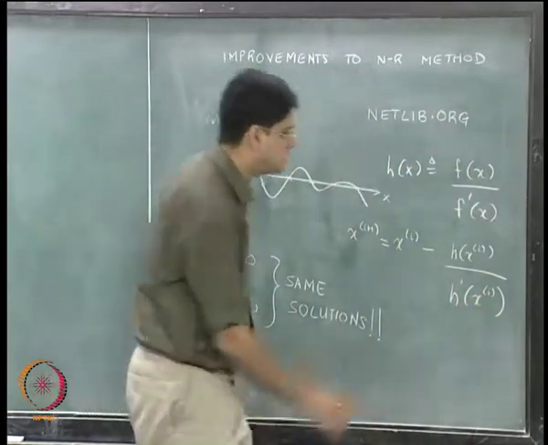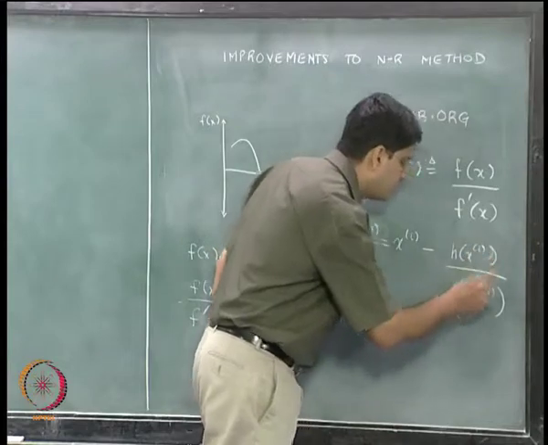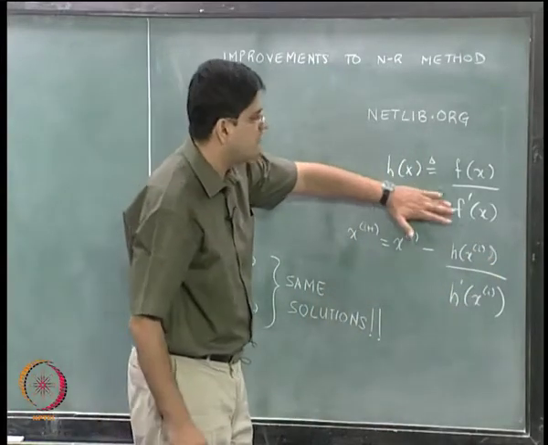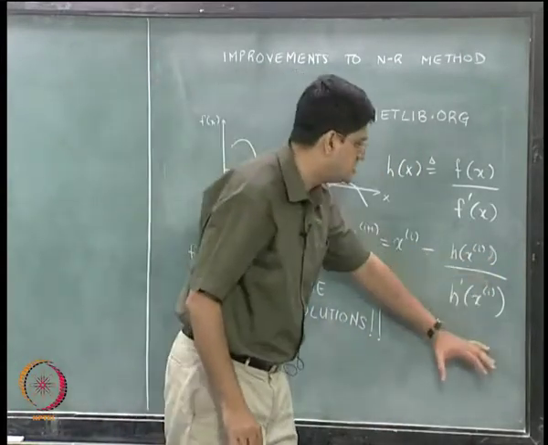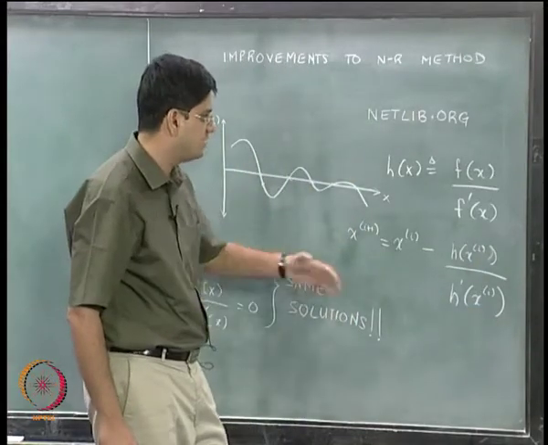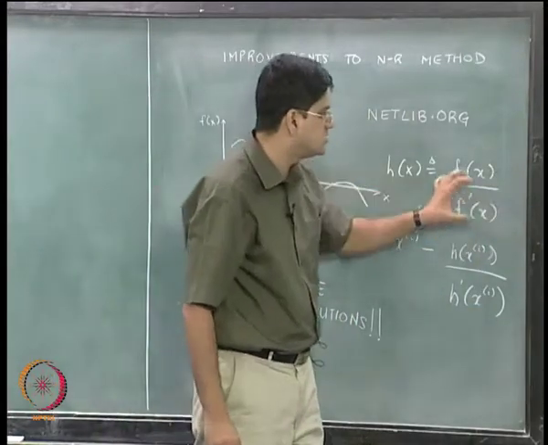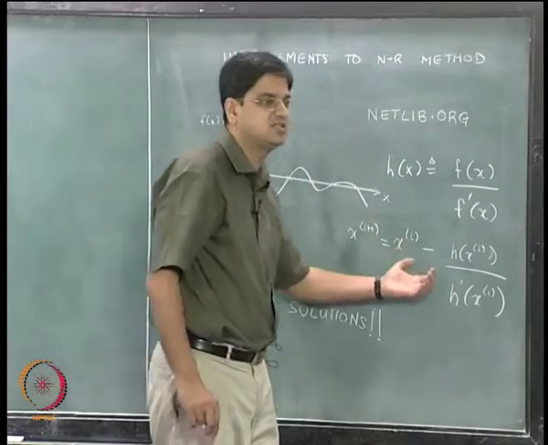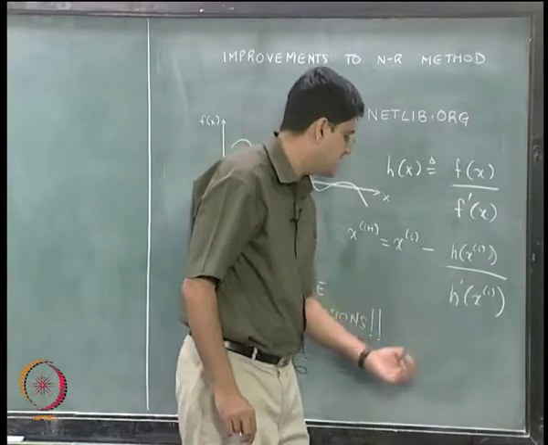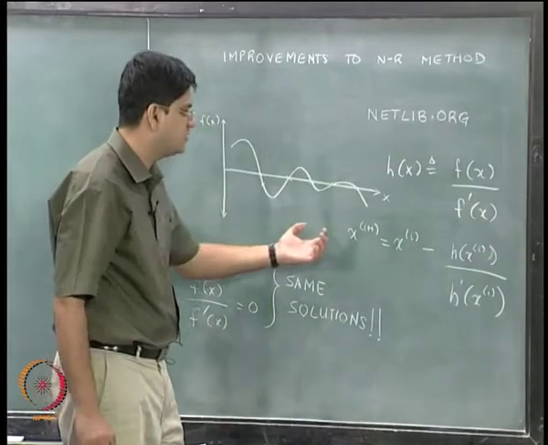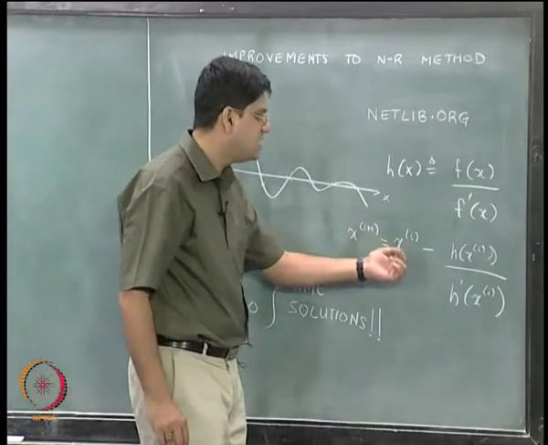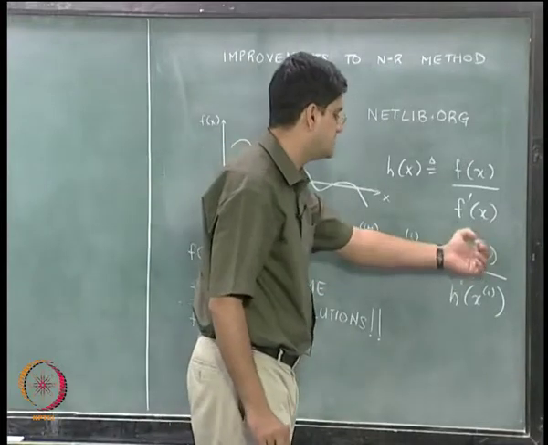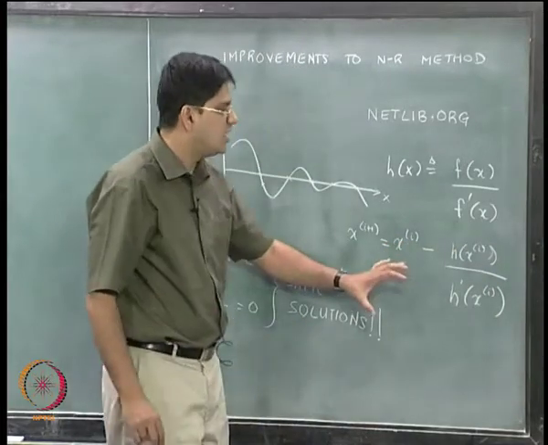For the function h of x, this will have the same convergence properties as the Newton-Raphson method, but in order to get the solution of f of x, this will have a faster rate of convergence than the original Newton-Raphson method, which was essentially x i plus 1 equal to x i minus f of x i divided by f dash of x i.